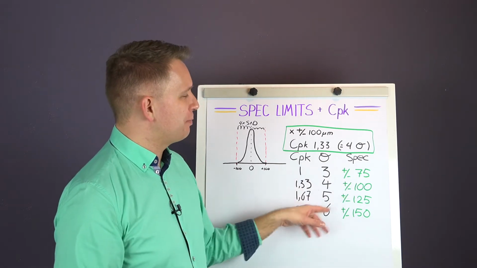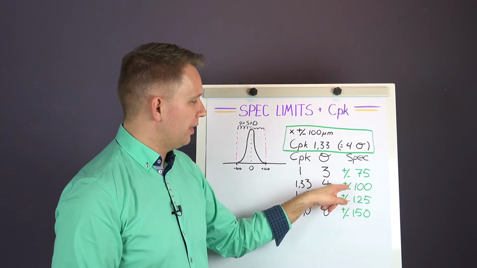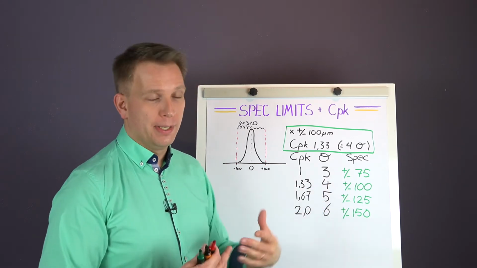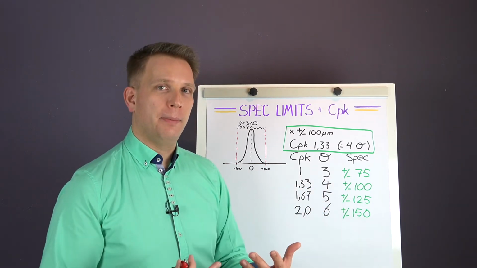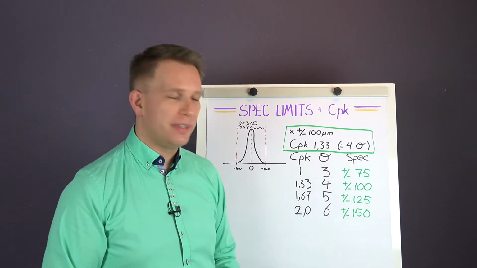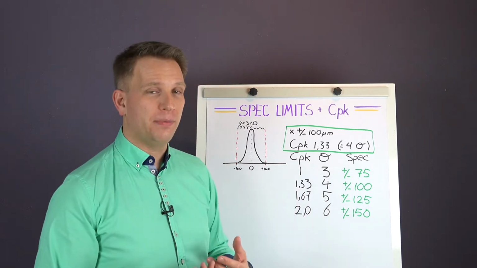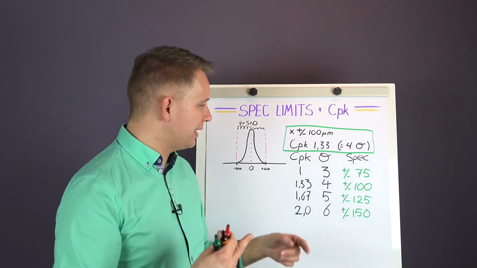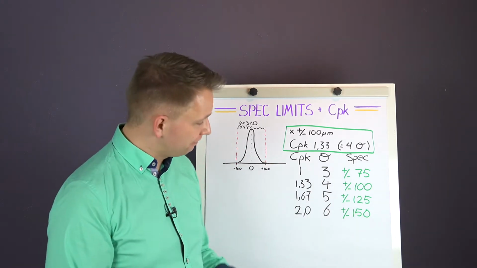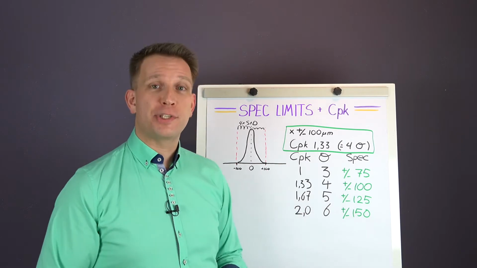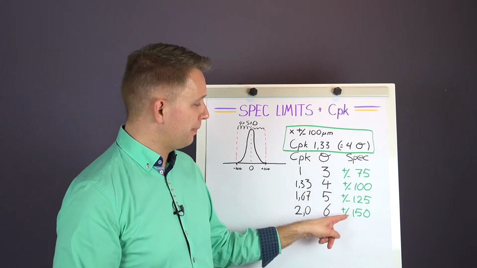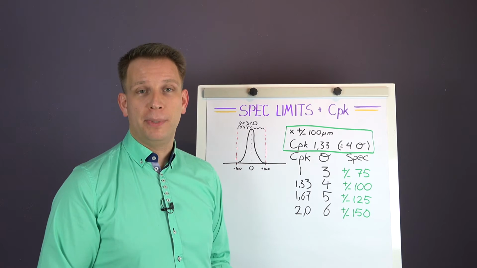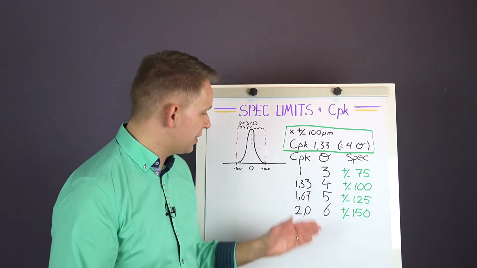If we calculate this back a bit, we see that 100 divided by 4 is 25 micrometers. That is 1 standard deviation for this product coming out of our process. So they switch it around a little bit and say, if you want 6 sigma, then give us a specification tolerance of plus or minus 150 micrometers. And then you get a CPK of 2.